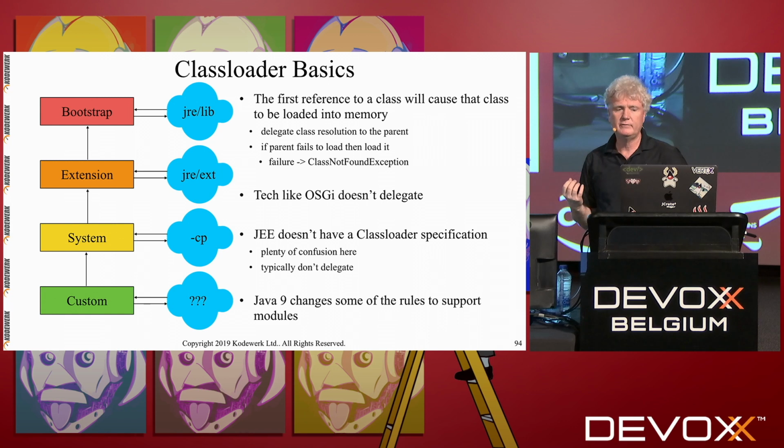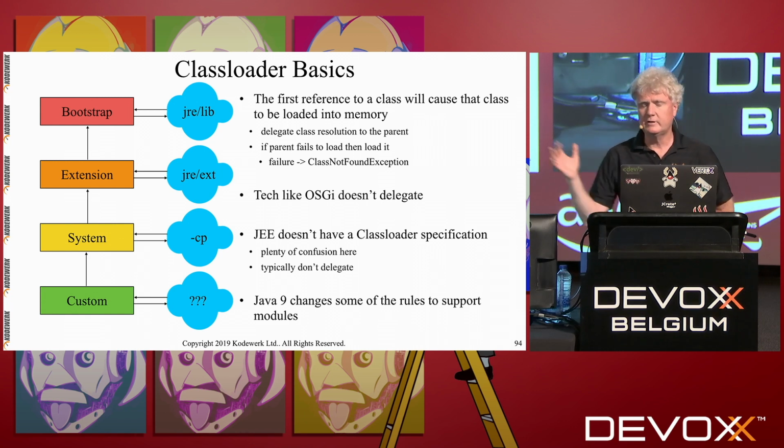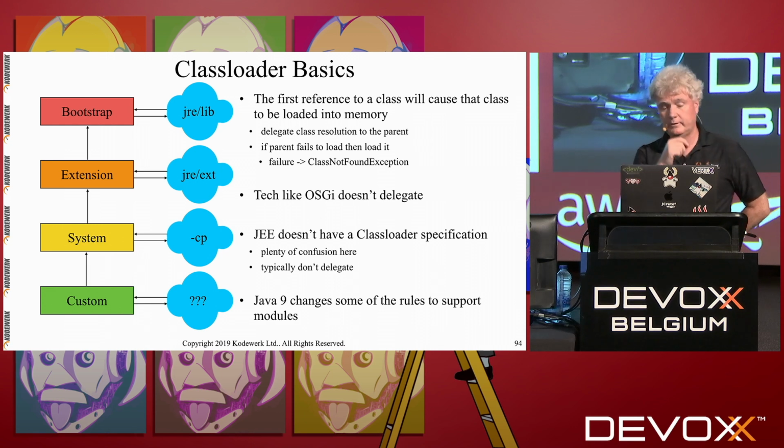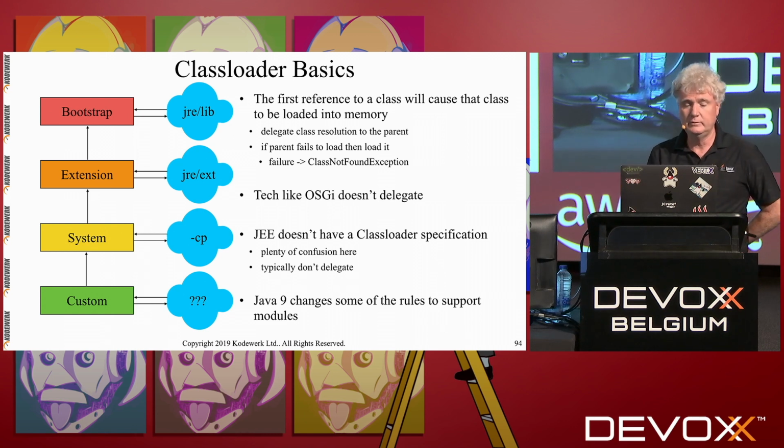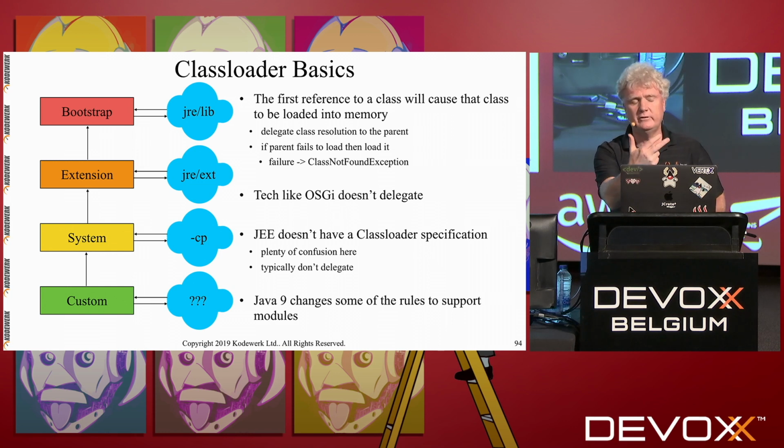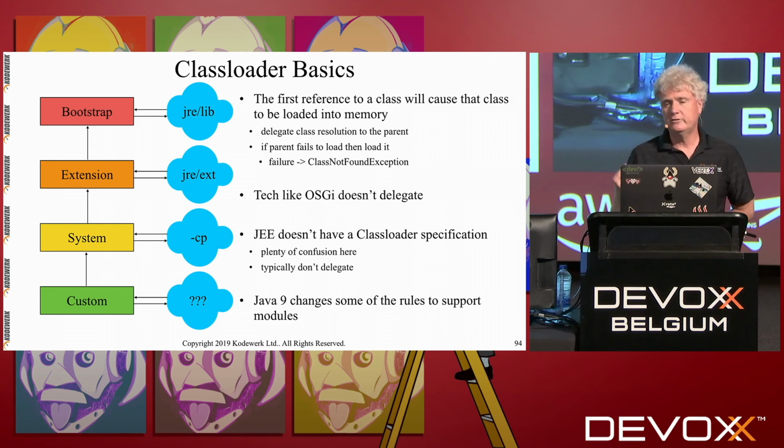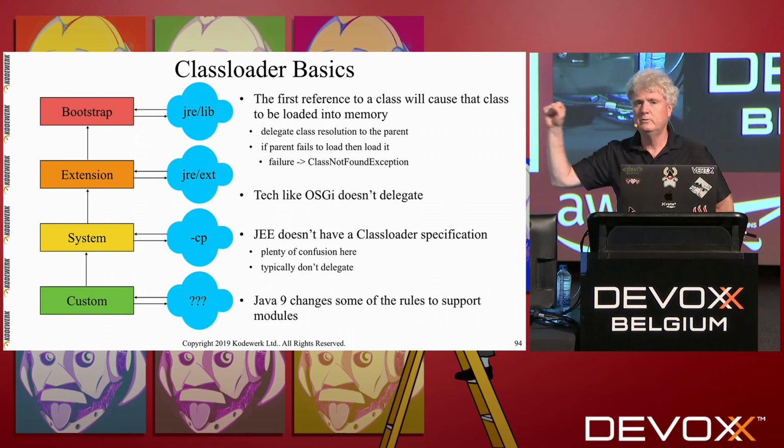If I make a reference to class foo, I'm going to start typically at the system class loader, and it's going to ask its parent, okay, do you have a reference to foo? Of course, the extension is going to delegate to the bootstrap and say, do you have a reference to foo? Bootstrap doesn't have a parent, so it's going to answer no. Extension will answer no, and the system will say, okay, fine, I have the definition, and that's the definition of foo that I'm actually going to use.